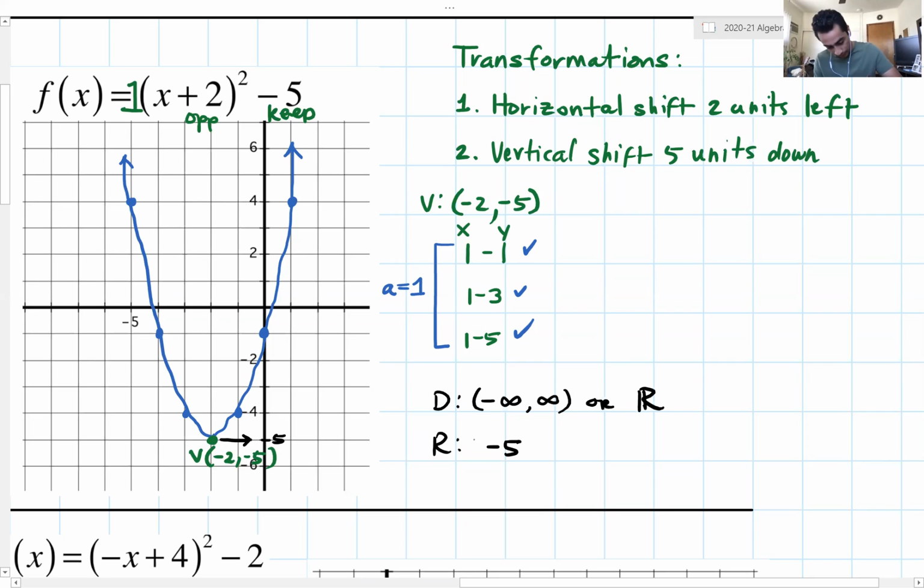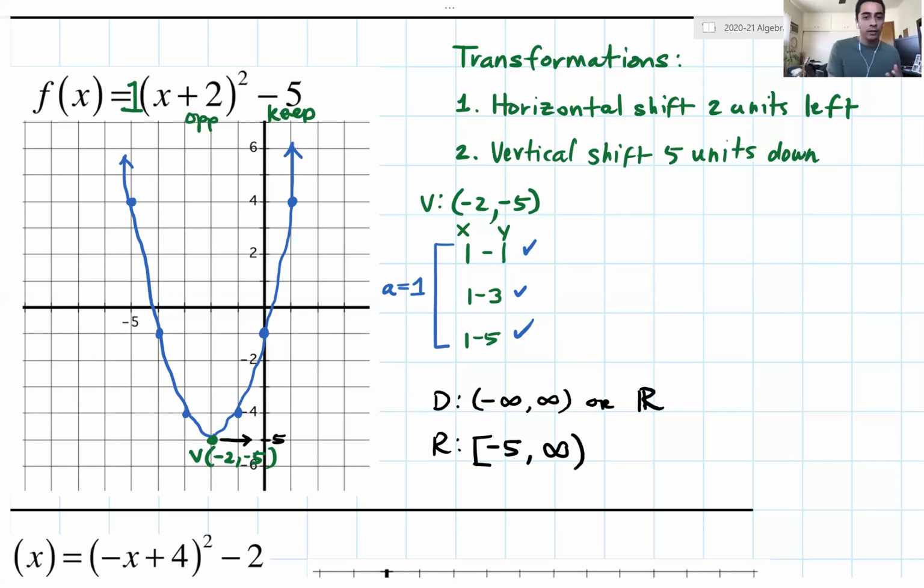So from -5, and then because we actually have a point, we can use a bracket, okay? And where is my range headed to? Yeah, we got positive infinity. There you go, right? You just follow the direction of the arrows. So you follow the arrows, that tells you where the range is headed. It's headed towards positive infinity.